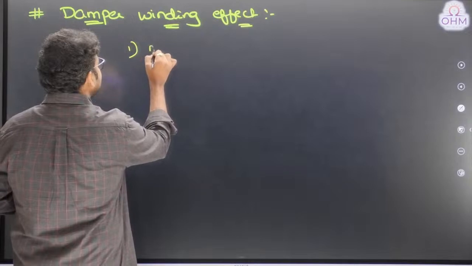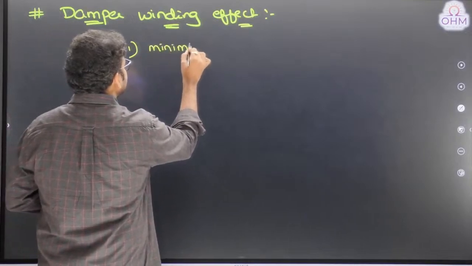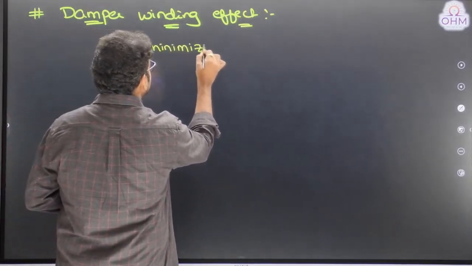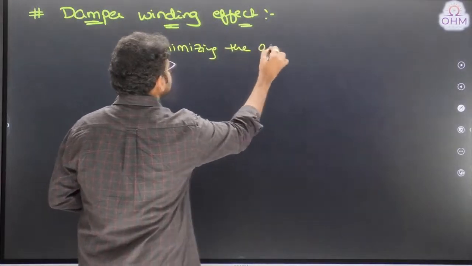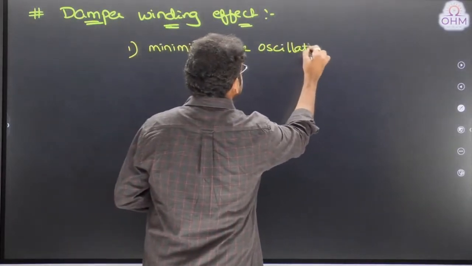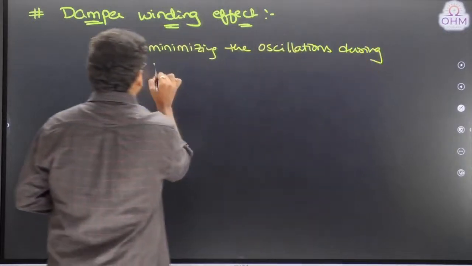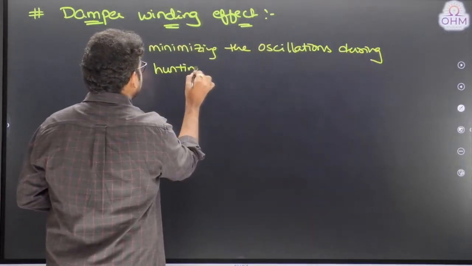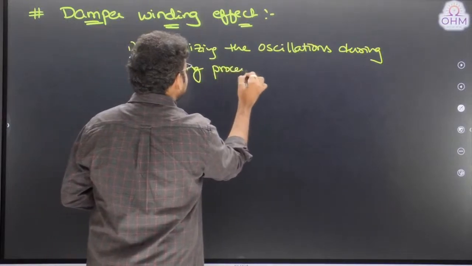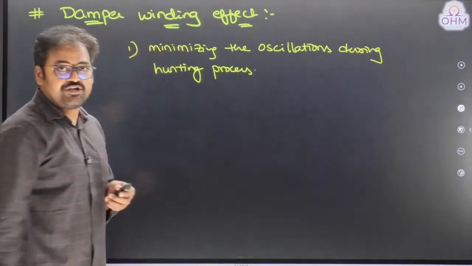So, minimizing the oscillations during the hunting process is the first advantage of damper winding.